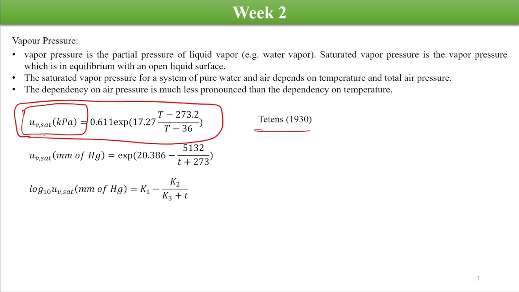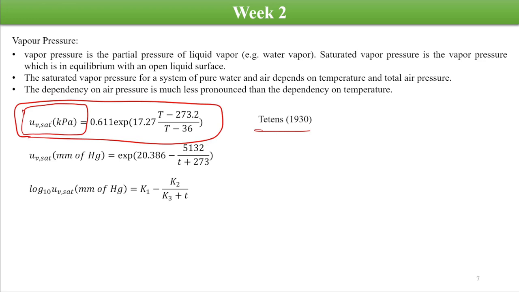This formula can be used to determine the saturated vapor pressure at a particular temperature, and there is no term for air pressure because mainly the saturated vapor pressure depends on the temperature. That's why this formula is formulated for the temperature only.